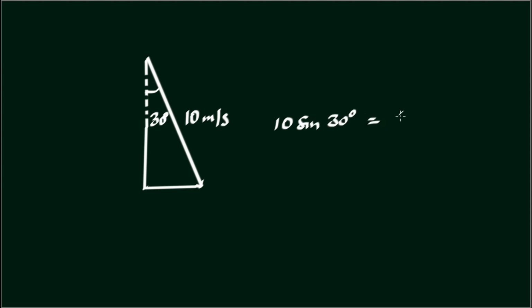That is equal to 5 meters per second. That is Vx. So if the cyclist moves at 5 meters per second in the same direction, in his frame of reference, the rain will have no horizontal velocity. It will appear to be coming down vertically with a velocity of 10 cos 30.